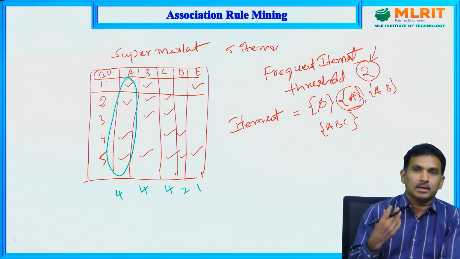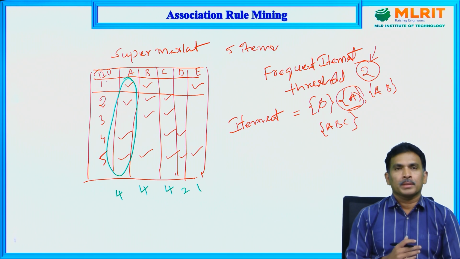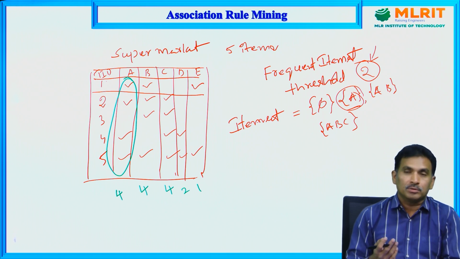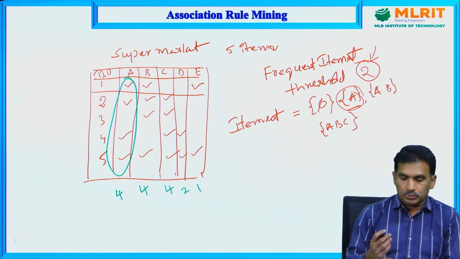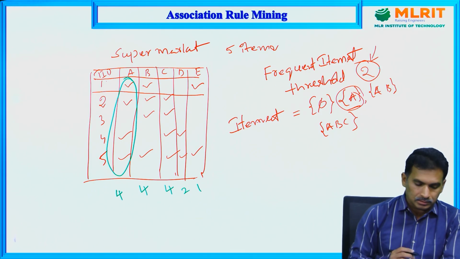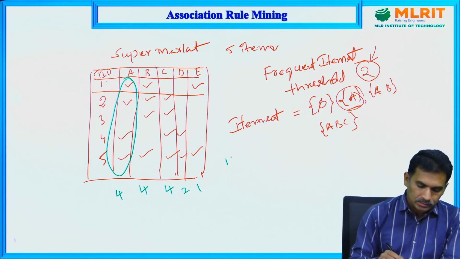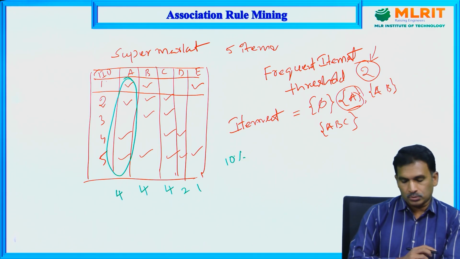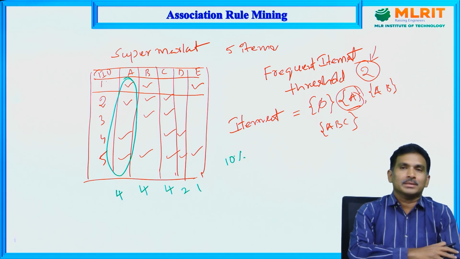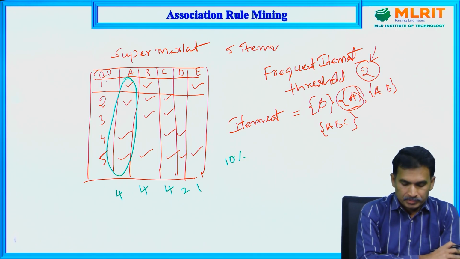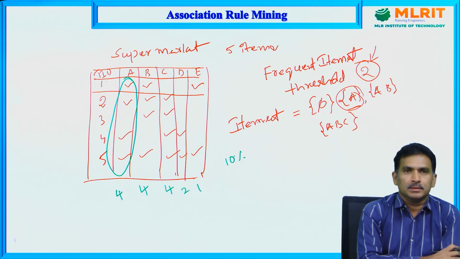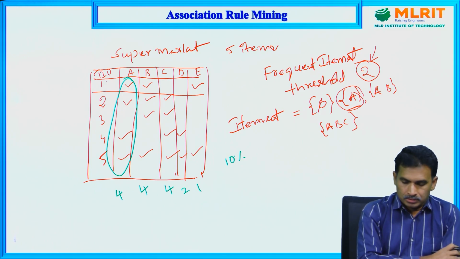In the real world there will be billions or millions of transactions, so in that case we cannot just take this small number. Suppose we are interested in items which appeared in at least 10% of transactions. That is the way we identify frequent item sets.